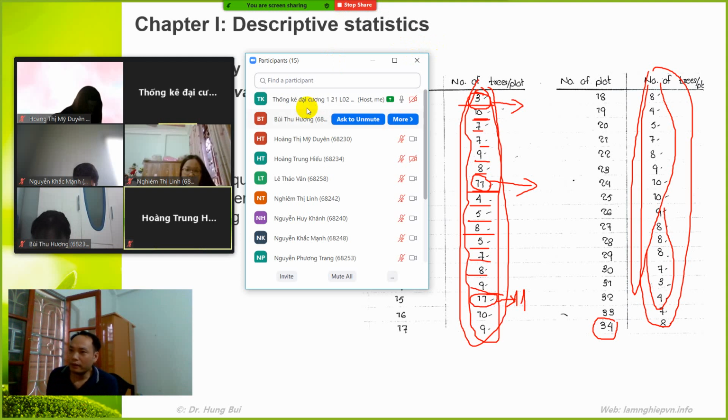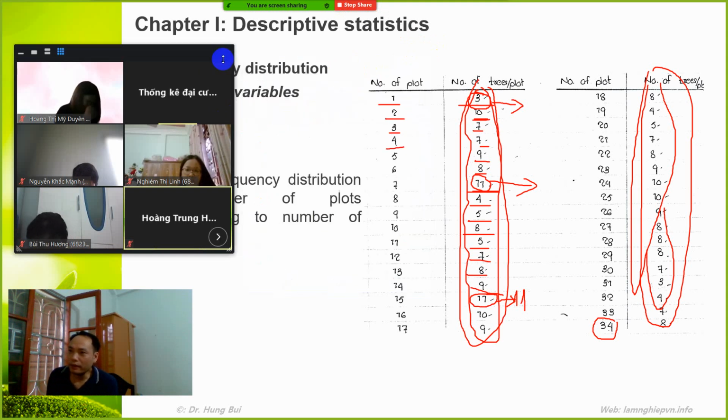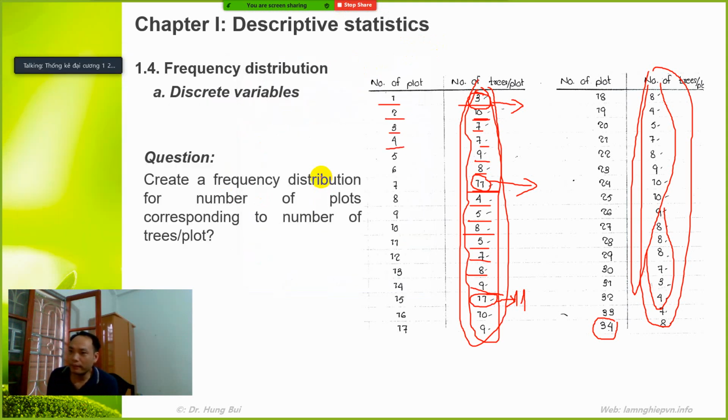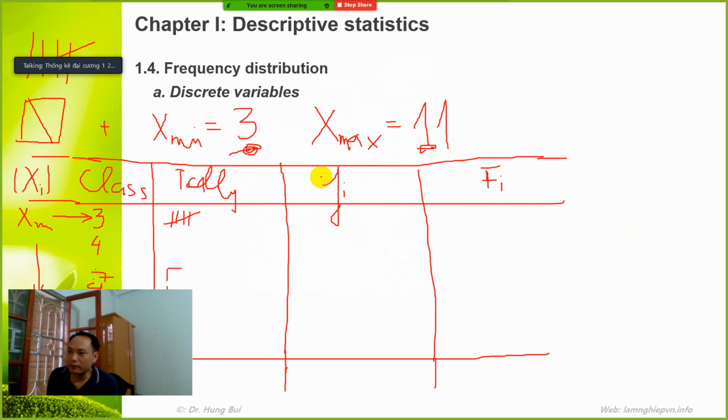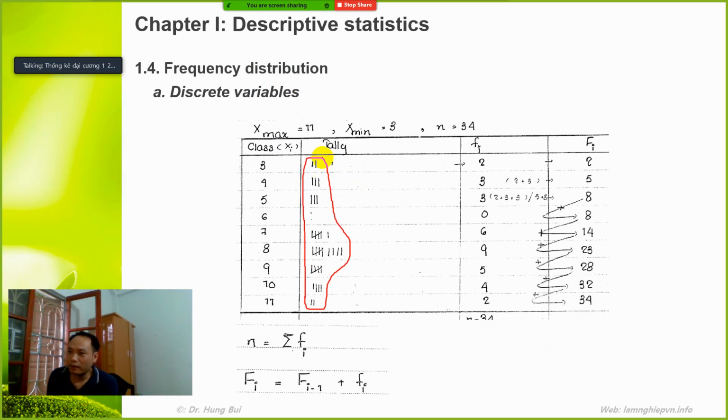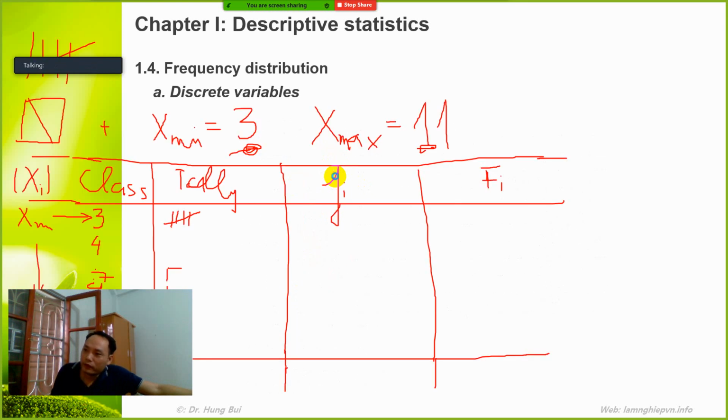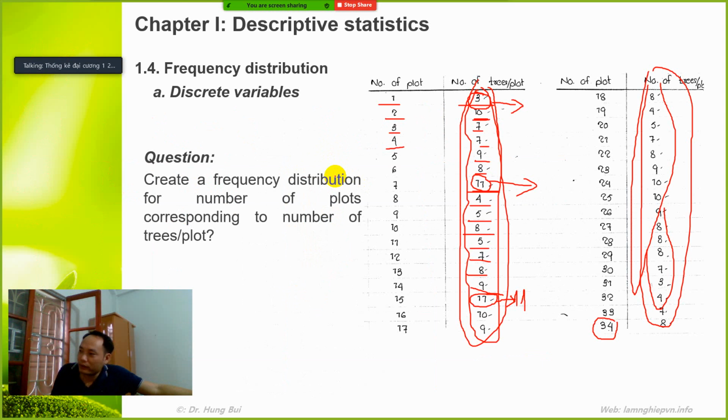And then, hey guys, please compare with this result here. Are the results same or different? The results are same or different, guys?